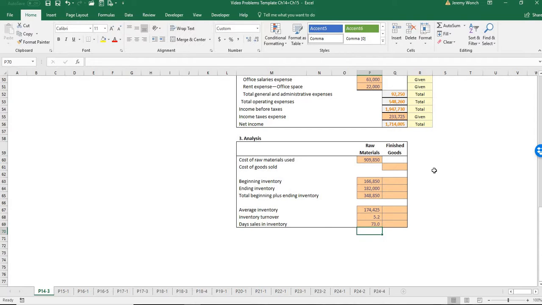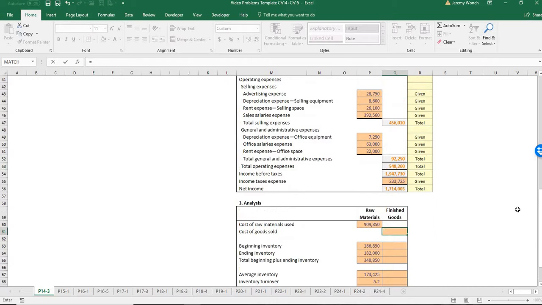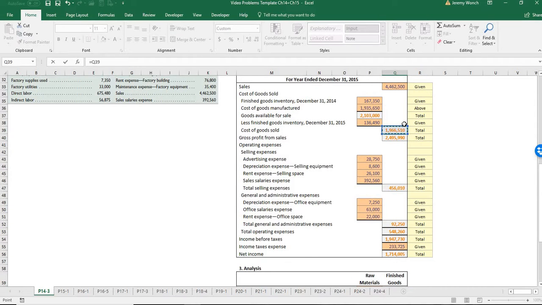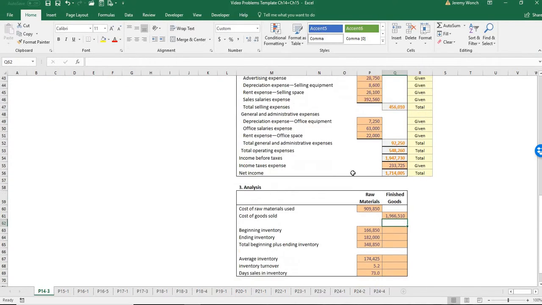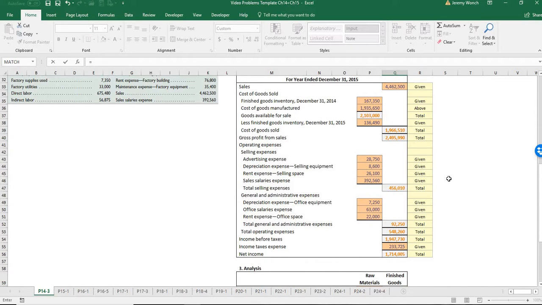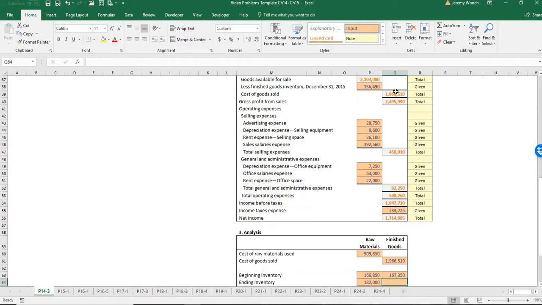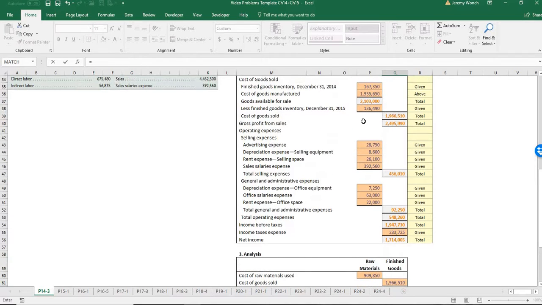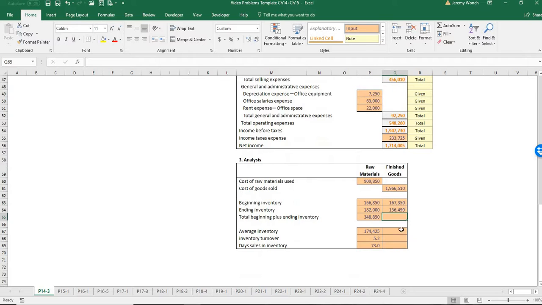So let's go ahead and look at finished goods. For finished goods, we're going to look at our cost of goods sold, which is calculated up here. And we'll get our beginning finished goods up here, and our ending finished goods here.